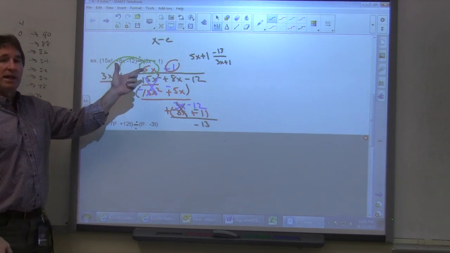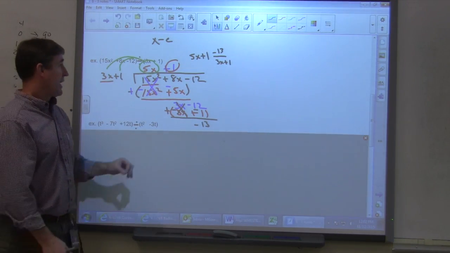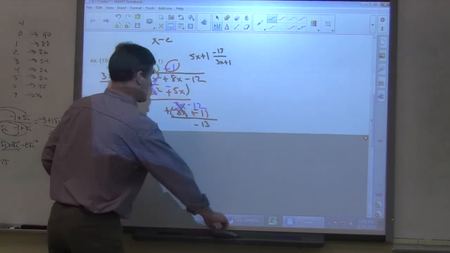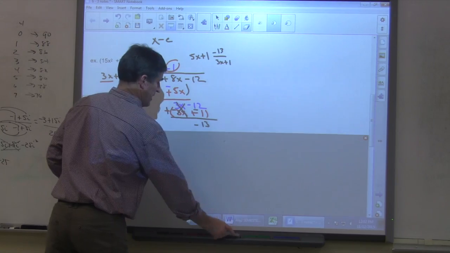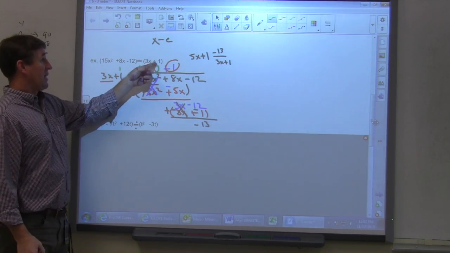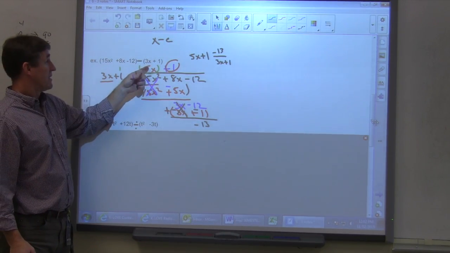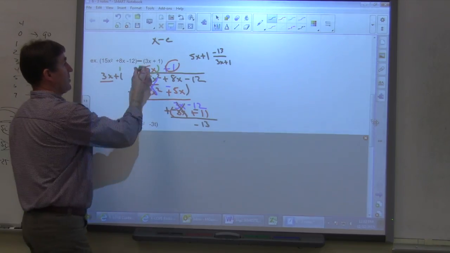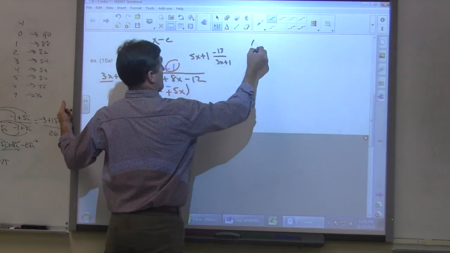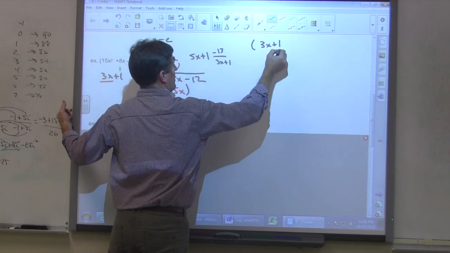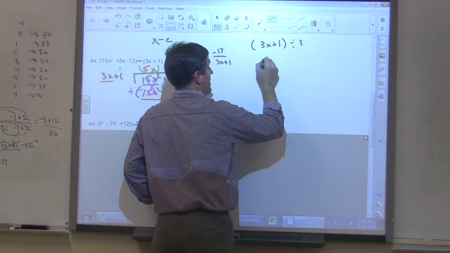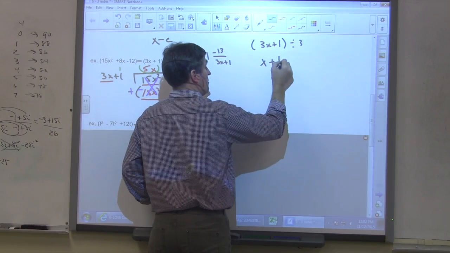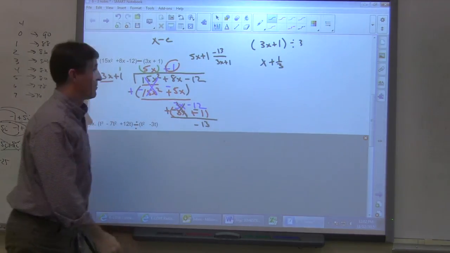So that would be doing it long division. Now there is a way we can do this doing synthetic division. And that is we need to convert this so it's in this form. And the way I could do that is I could take that 3x plus 1 and I could divide it all by 3 and get x plus 1/3.